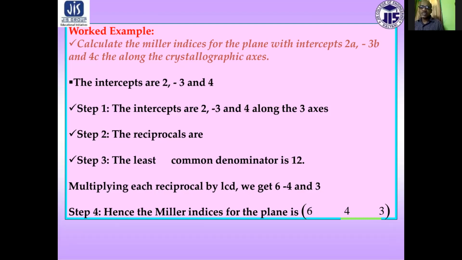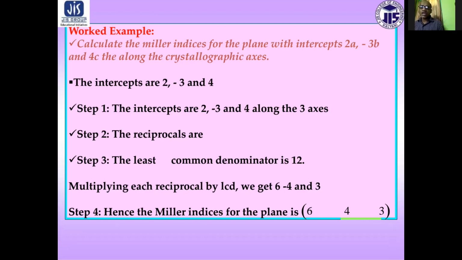The intercepts of the plane are given as 2a, minus 3b and 4c respectively, so the intercepts become 2, minus 3 and 4.